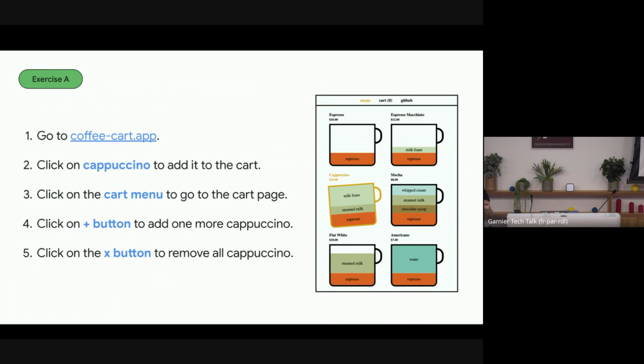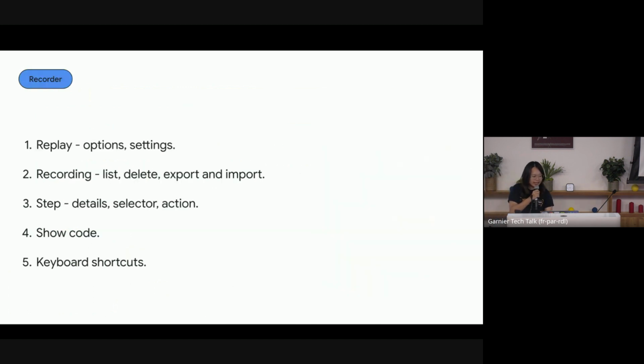Once you are done, I will walk you through how to create it. You can work in a team, it doesn't need to be alone. For those who don't have a laptop, just work with the one beside you and point, click here. So let's start with exercise A.